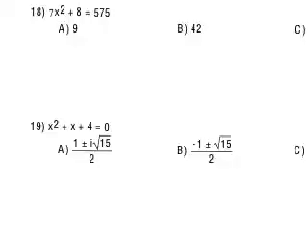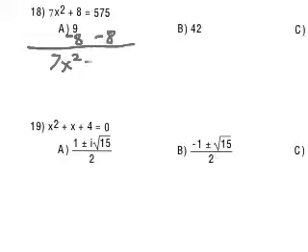So first thing we have to do is get the constant and the squared variable on opposite sides. So first thing we'll do is subtract 8, or add a negative 8. So we have 7x squared equals 567.